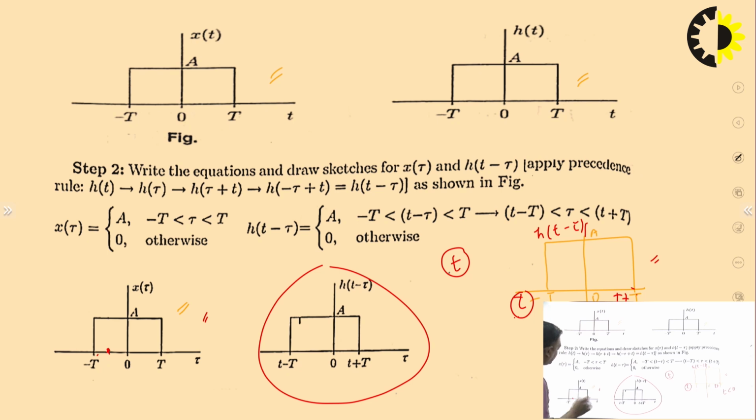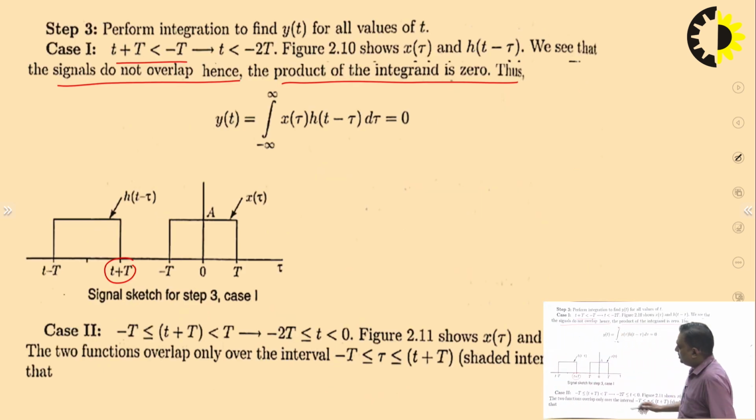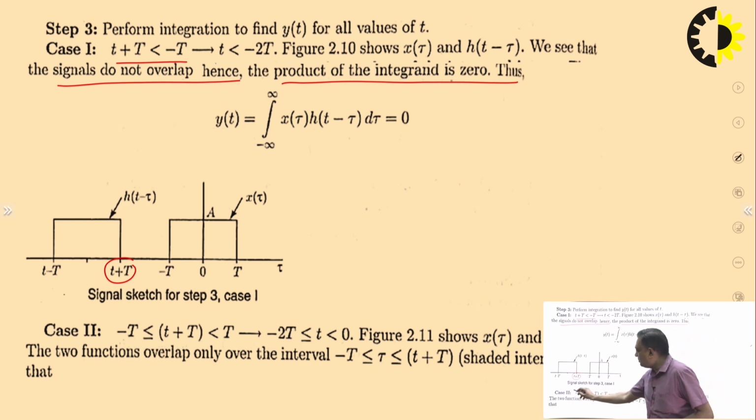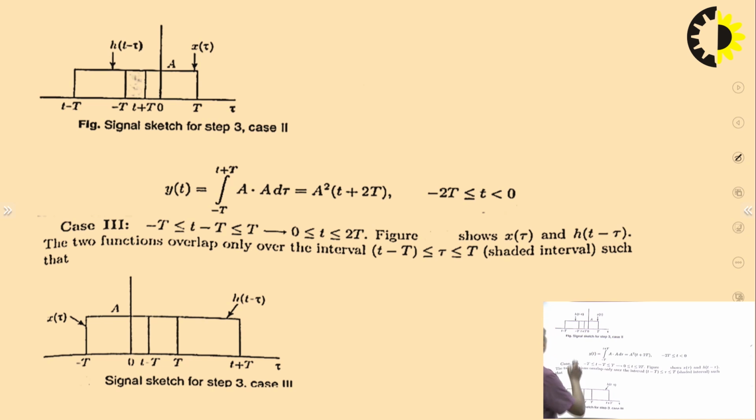Next condition, the t plus T point will be lying somewhere here, between minus T and capital T. So the situation is somewhat like this. Now this t plus T point will come here and minus T is here, and this is the only overlapping area which you can see over here.